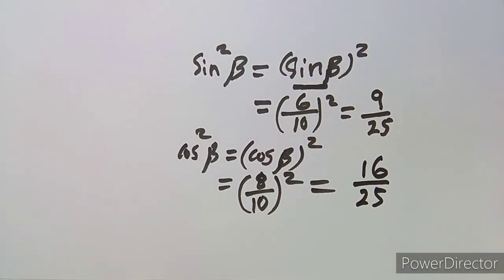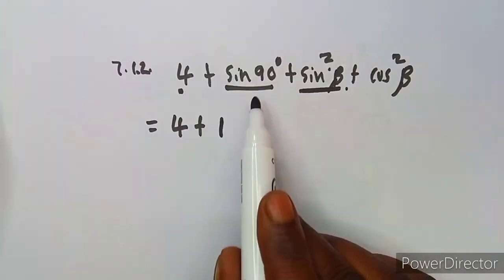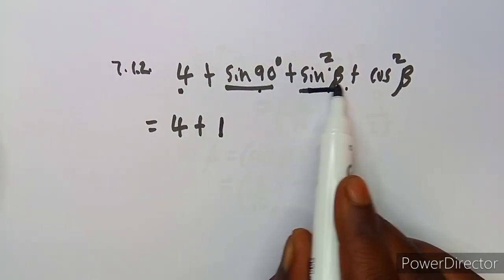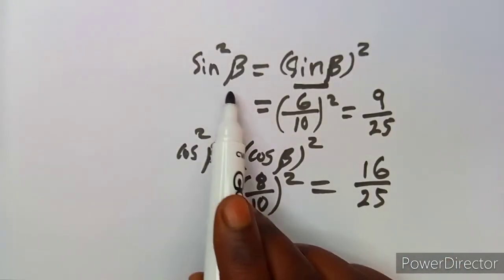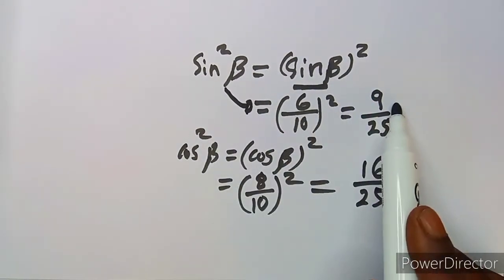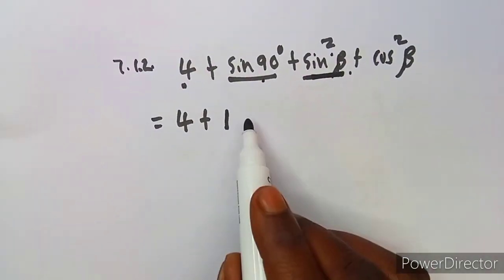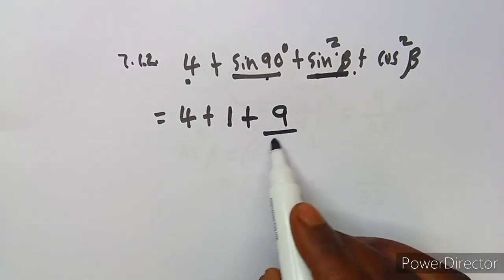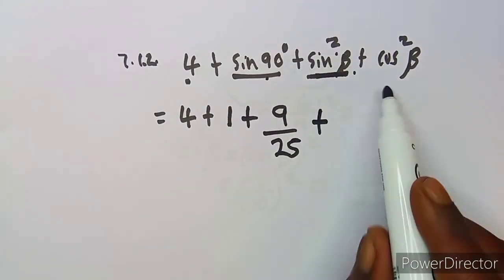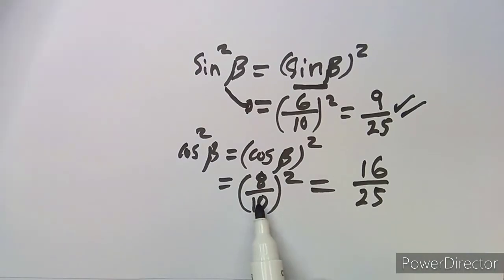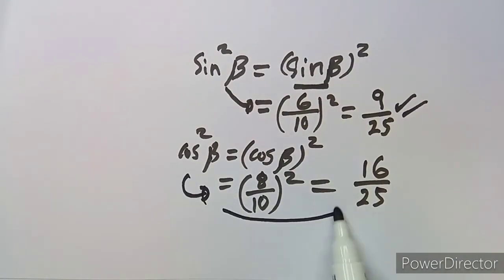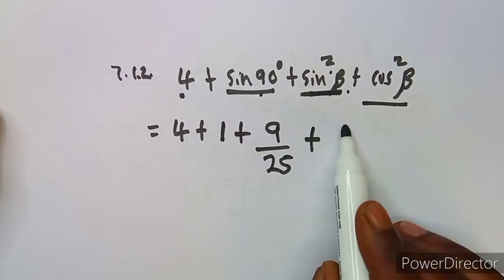All right, so you have the value of sine squared beta. So now we can substitute here: sine 90 to obtain 1. Sine squared beta, this is your sine squared beta here, which you obtained is 9 over 25. So it's plus 9 over 25 plus cos squared beta. We obtained the value of cos squared beta here, which is 16 over 25.